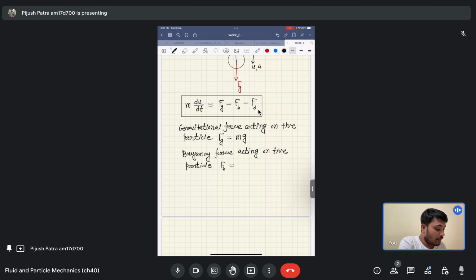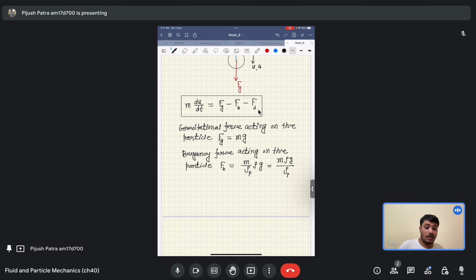What is the volume of the particle? The volume of the particle is m by rho p, where m is the mass of the particle and rho p is its density. So this is the volume of the particle, and the displaced mass of the fluid is that volume times rho. So Fb equals m rho g divided by rho p.